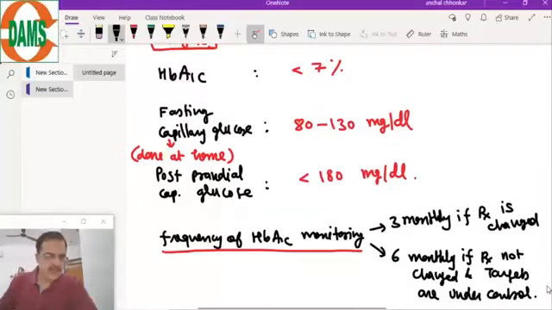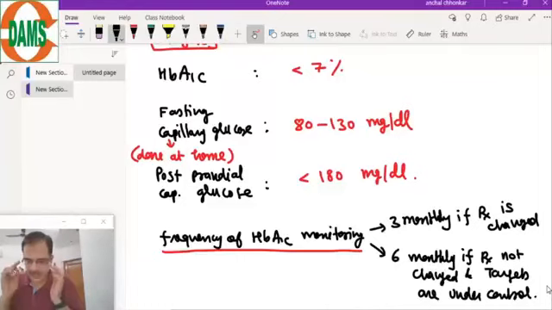So this is the latest protocol of type 2 diabetes, and with this we finish the class for today. Today we have done the management of type 2 diabetes. Tomorrow we will discuss the complications of diabetes, and my advice is you read the biochemistry, especially the free fatty acid metabolism and ketone body.